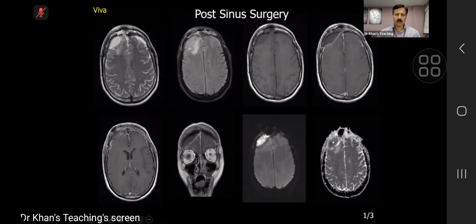So this is an epidural empyema. But another learning point here is to look at the adjacent dura. It shows enhancement. But if you look here, the enhancement goes bilaterally. So this is enhancement of the dura, which goes bilaterally.